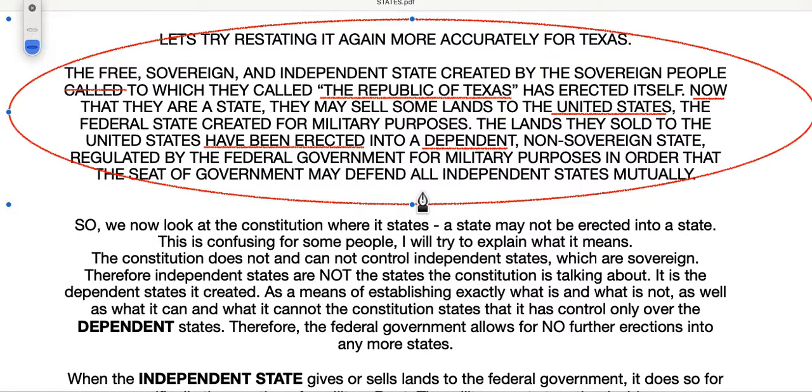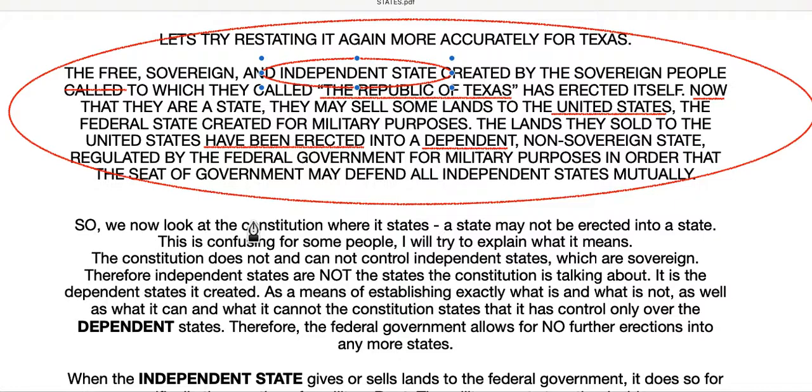None of its federal areas can secede from the Union and become an independent state because they're a creation of the independent states. And it's in the Constitution that they can't.